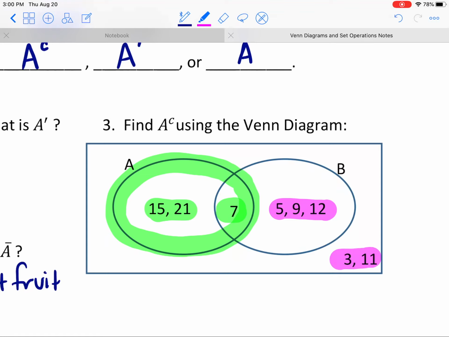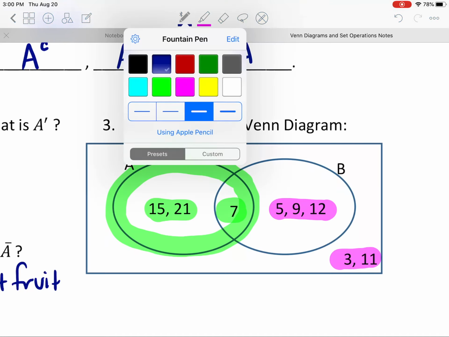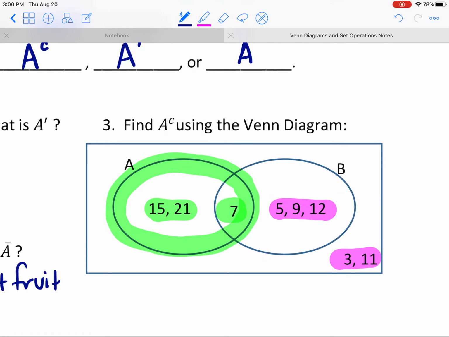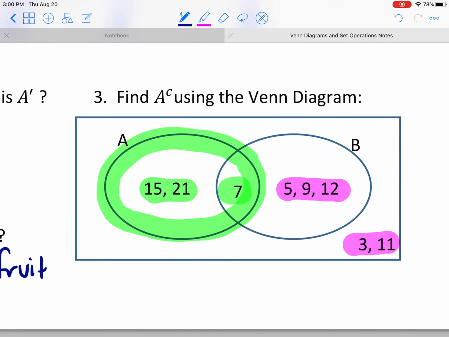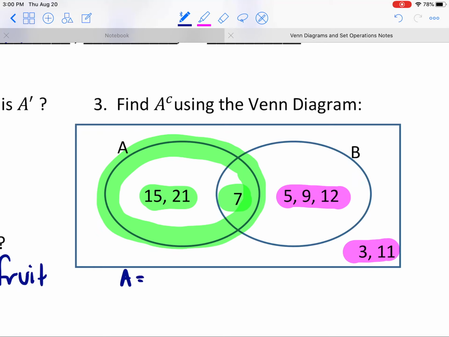And together, the green and the pink, what's in A and what's not in A, make up the entire universal set. So let's put it all down here. A contains 15, 21, and 7.